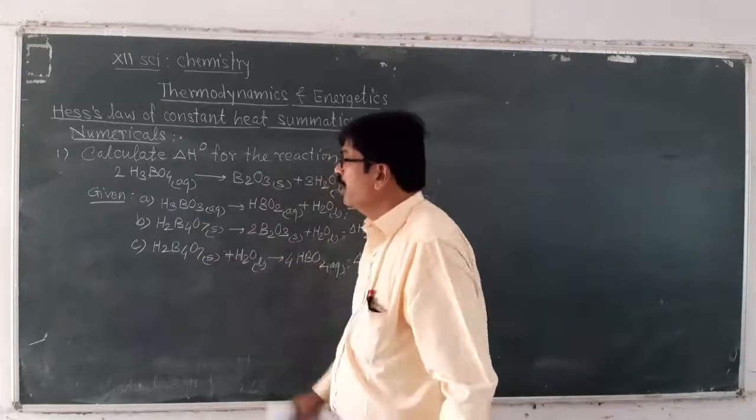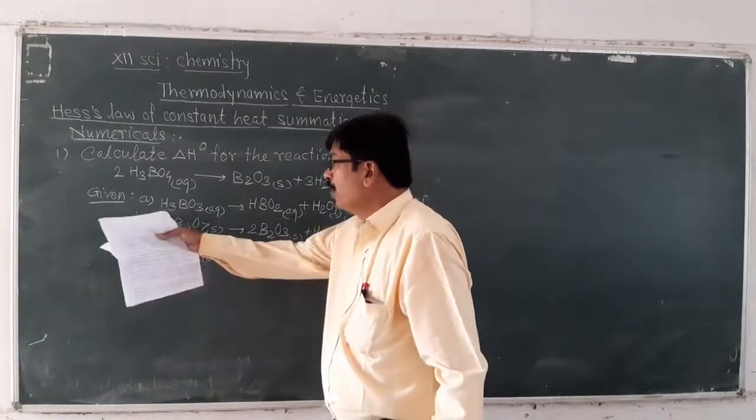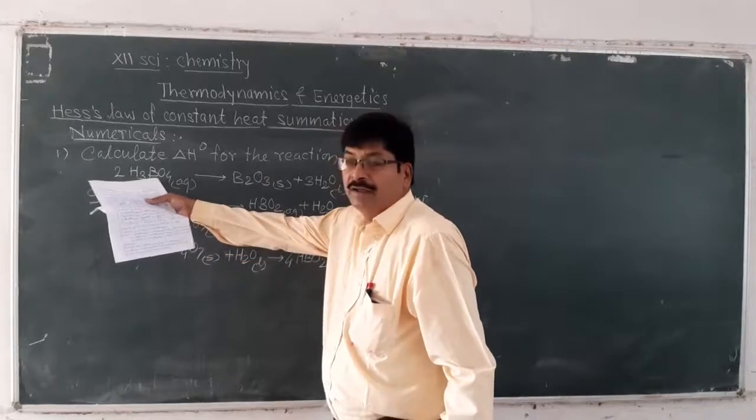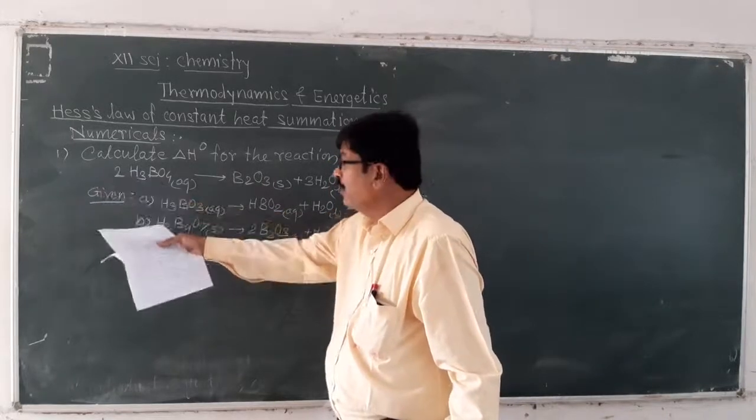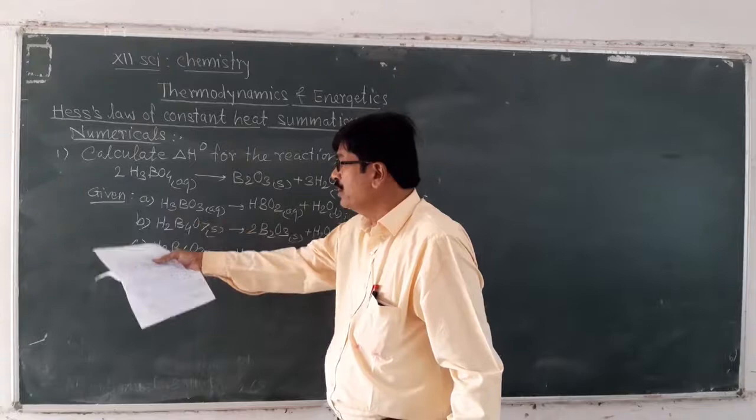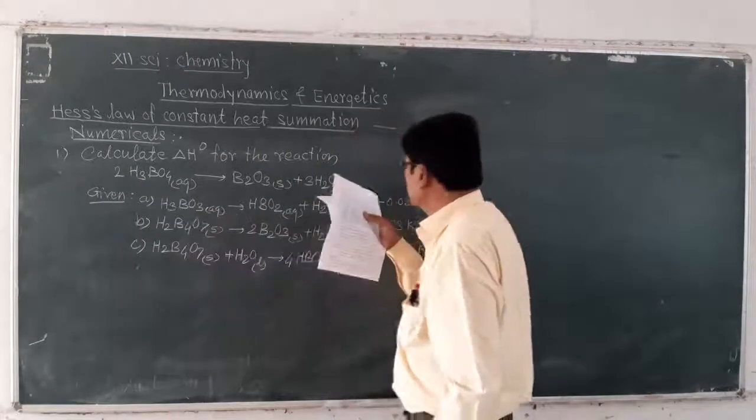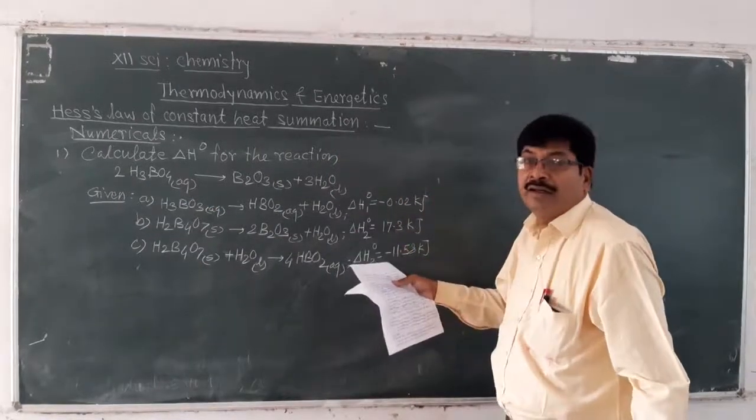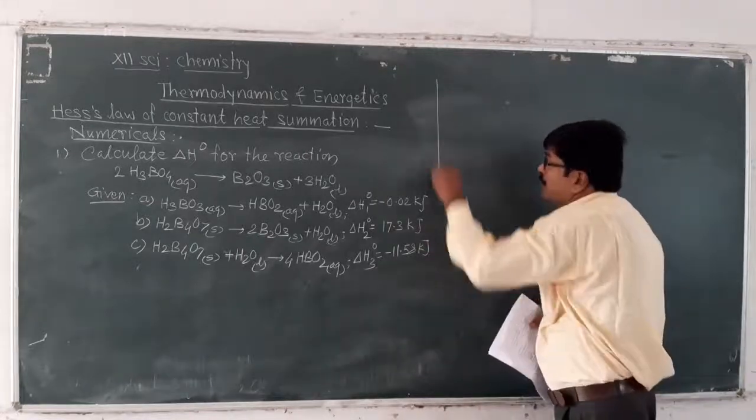These three thermochemical equations are given, and from these equations we have to obtain this equation, and whatever processes we carry out on these equations, same processes are carried out on the corresponding enthalpies.